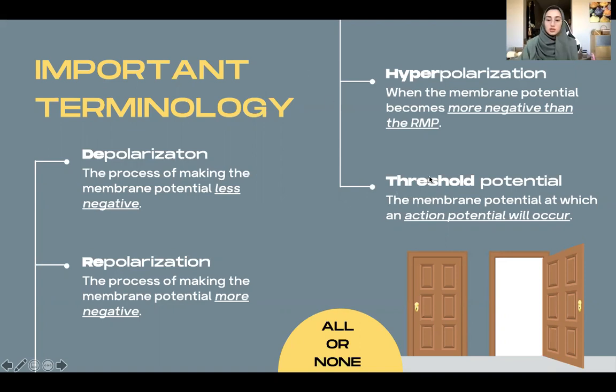And so the last key term that I want you guys to know is the threshold potential. So if you think of a door, okay, you're either inside the room or outside the room, okay? So the threshold is the membrane potential at which an action potential must occur. If you reach this value, no matter what you do, an action potential is going to happen.